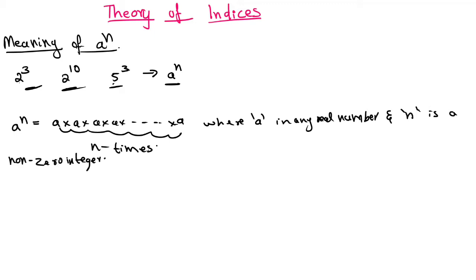By this, consider the first example, 2 to the power 3. 2 to the power 3 means you are multiplying 2 how many times? 3 times. A to the power n means you are multiplying a, n times.